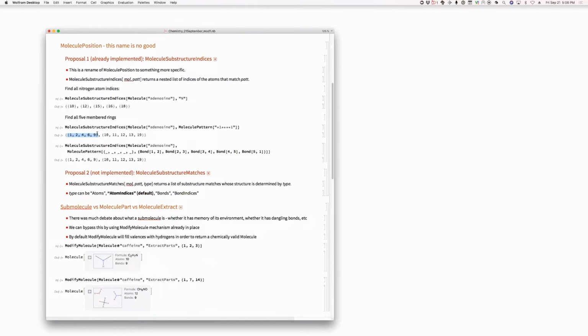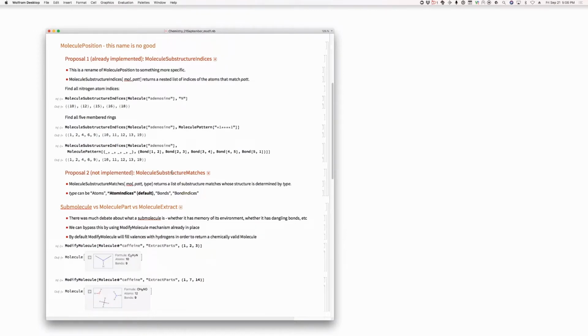So wait a minute. So the question is, we want a function. Okay, hold on. So what is this now? Proposal 2, which is different from this one. Right. So it would be a more versatile function that wouldn't just return the atom indices.